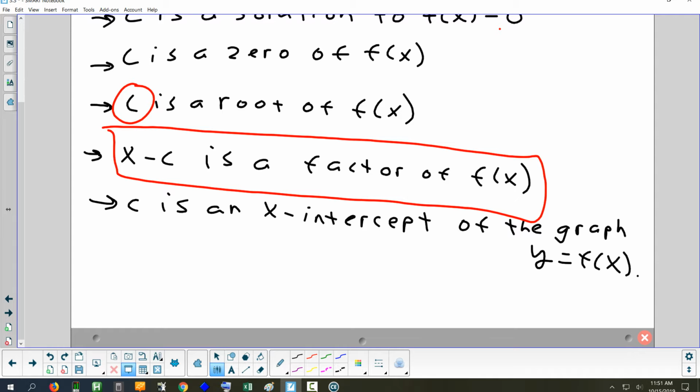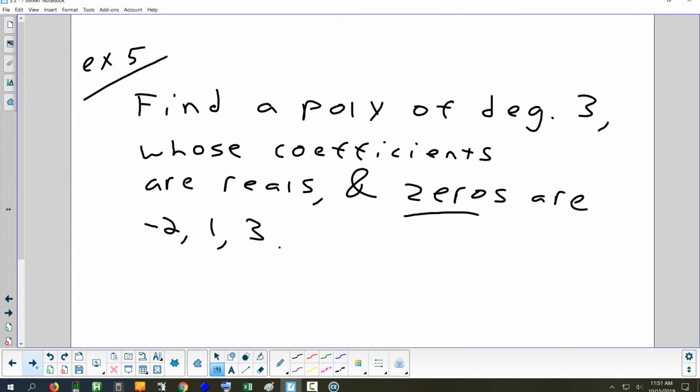And that's important because in the next problem, I'm going to give you a problem with roots. I'm going to say, here's 3 roots. Tell me the polynomial that they came from. You're going to have to work backwards and figure it out. I'm not going to give you a polynomial and say, figure out the roots. I'm going to tell you the roots. You tell me the polynomial.